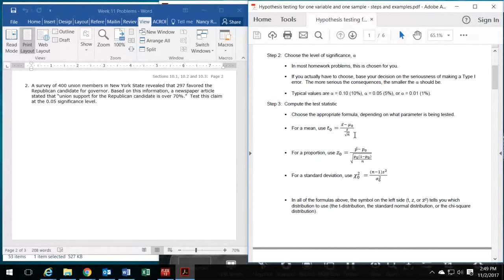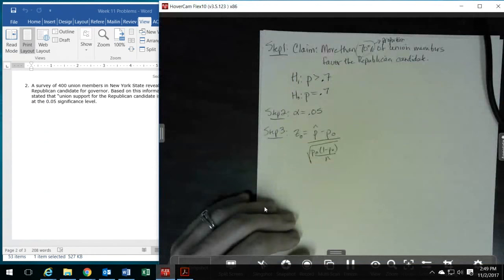So again, that lets us pick out the right formula from these three. So I'm writing down the formula that we're going to use for the test statistic. And then we have to figure out the right numbers to put in the right places for this.